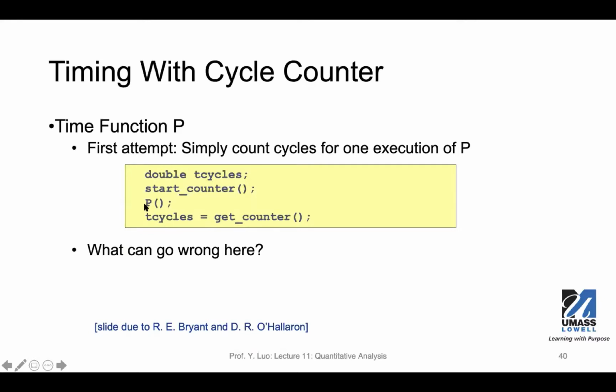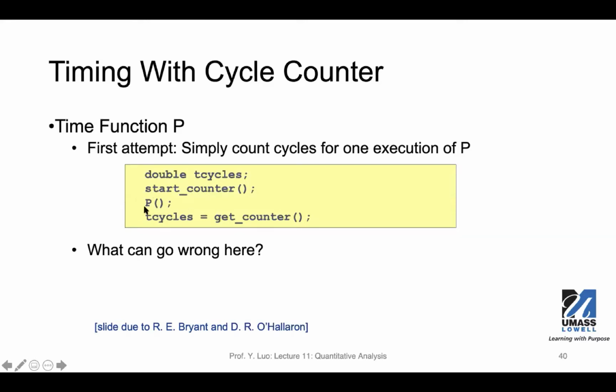Let's assume the timing function is to count the number of cycles for one execution of this function P. So we start the timer, start counter, to record the first set of high and low registers representing the current counter value.